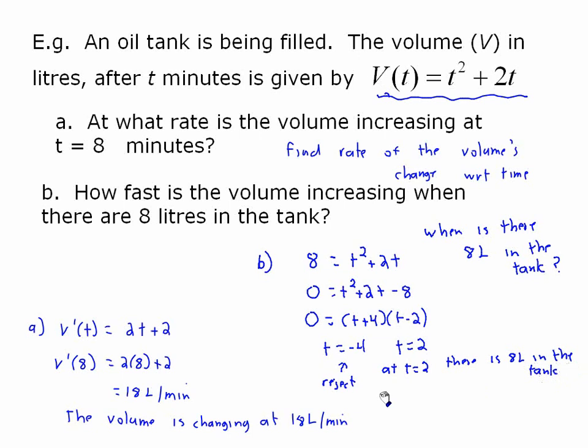But then we find the rate of change at that point, so V prime at 2 is equal to, into the second equation, 2 times 2, because the derivative is 2t plus 2, and then plus 2. So that's 4 plus 2 is equal to 6 liters per minute at t is equal to 2 minutes.